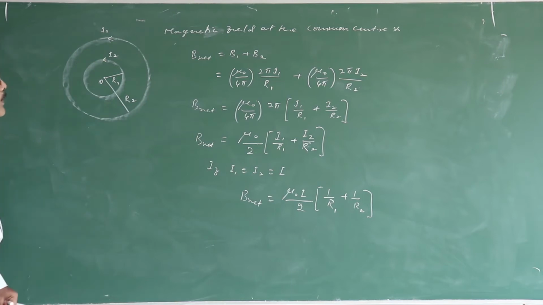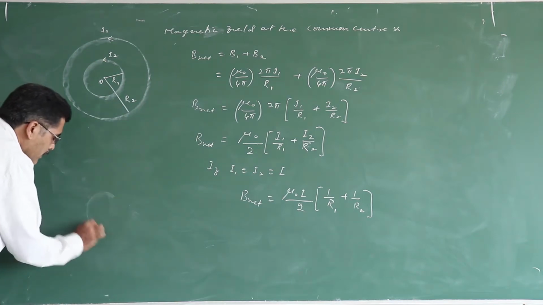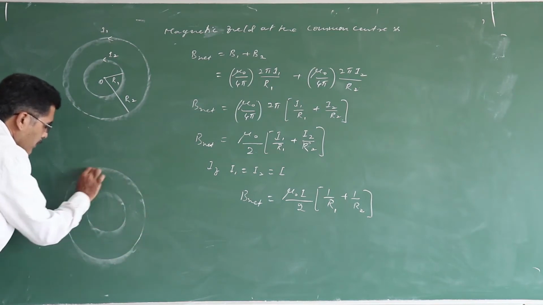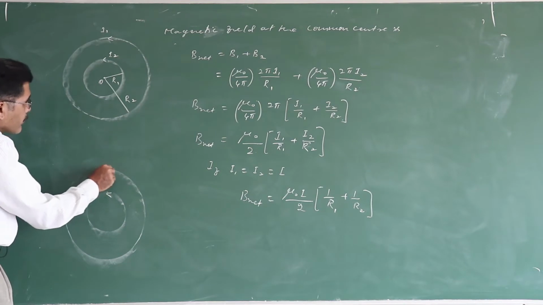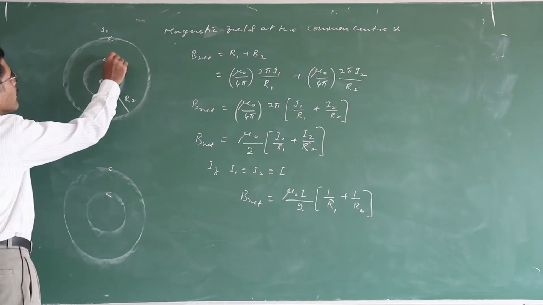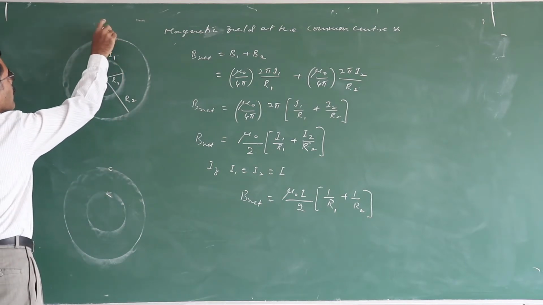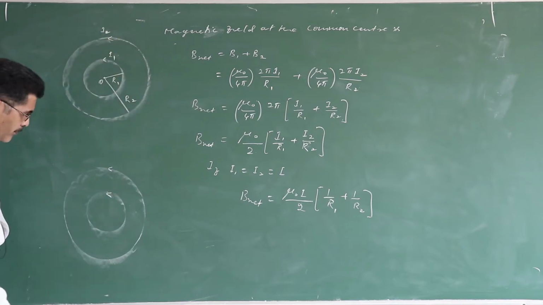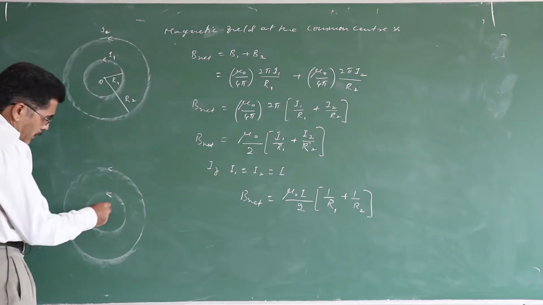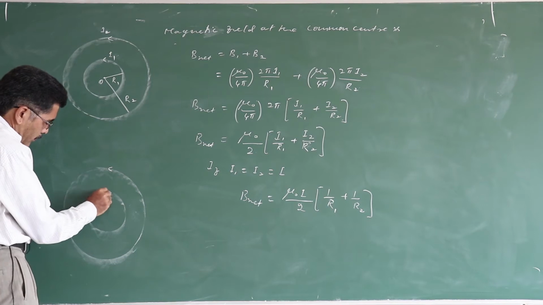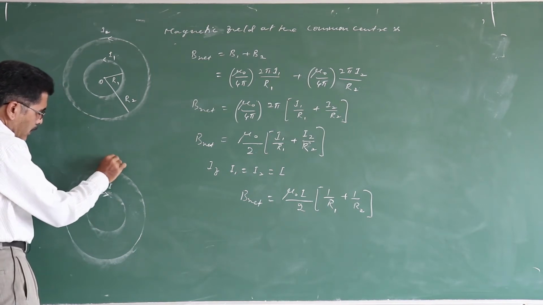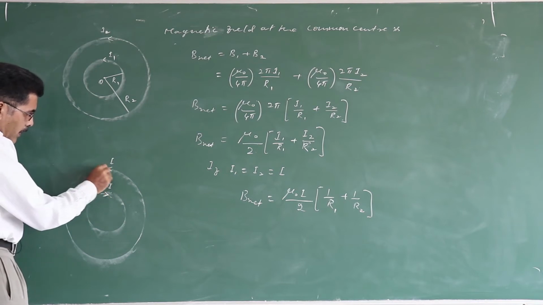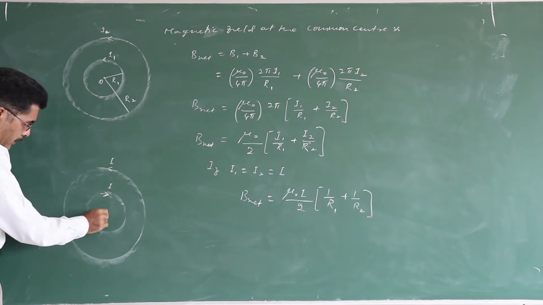Suppose the current flows in opposite directions. In such a case, the current in one coil is I1 and in the other is I2, like this, flowing in opposite directions.